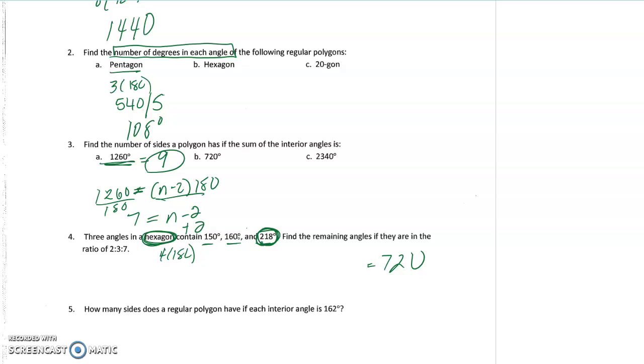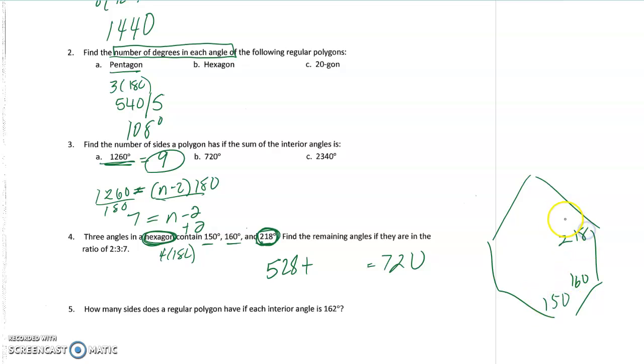So 150, 160, and 218, we're going to say that it's 528 plus the other 3 angles. And then 2x, 3x, and 7x. So when I add these, it's going to be 12x. Finish it, go from there.